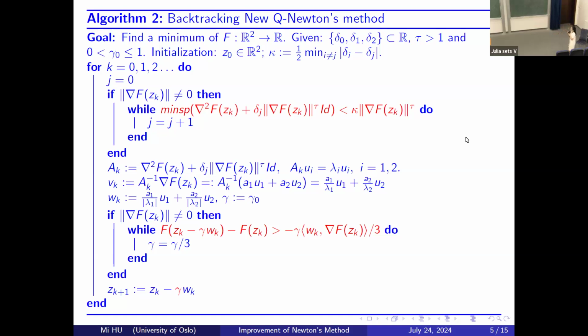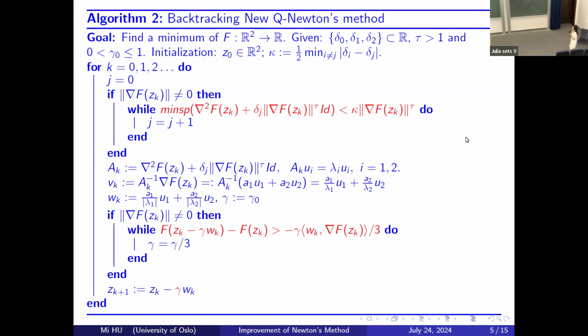So then your wk might get very big. We don't want that, so here we add a little bit of restriction. The other difference is that the function values shrink at a certain speed, not too small, not too slow. So instead of iterating zk minus wk, here you iterate zk minus gamma wk. Here it actually comes a little bit from the randomized damped Newton method.